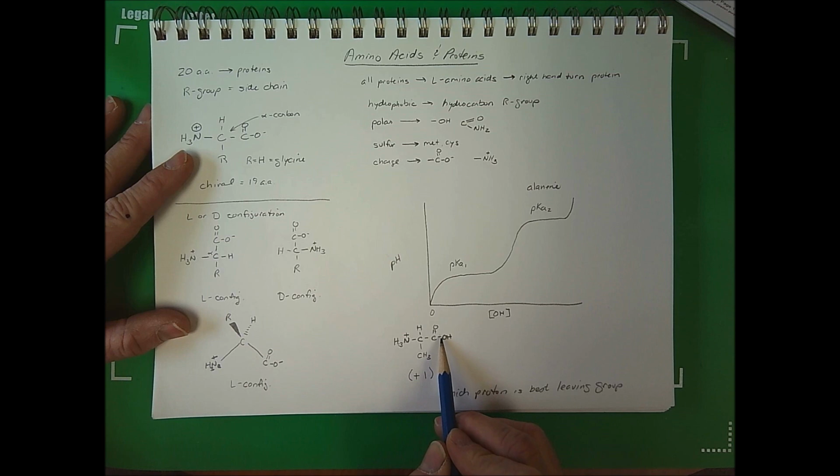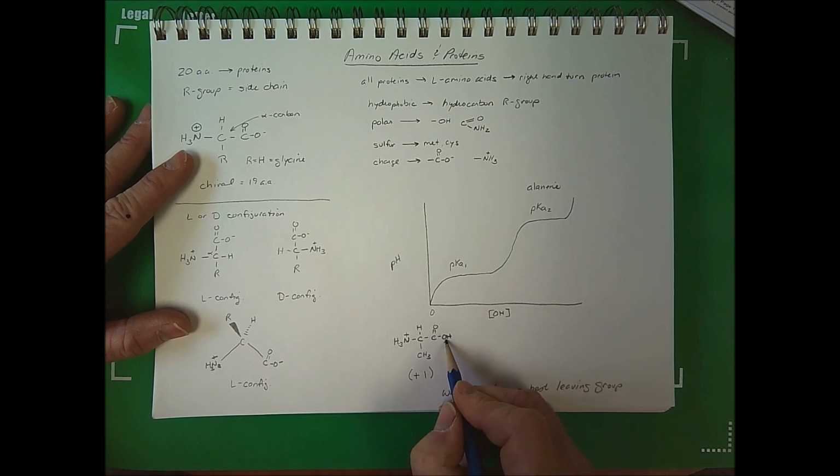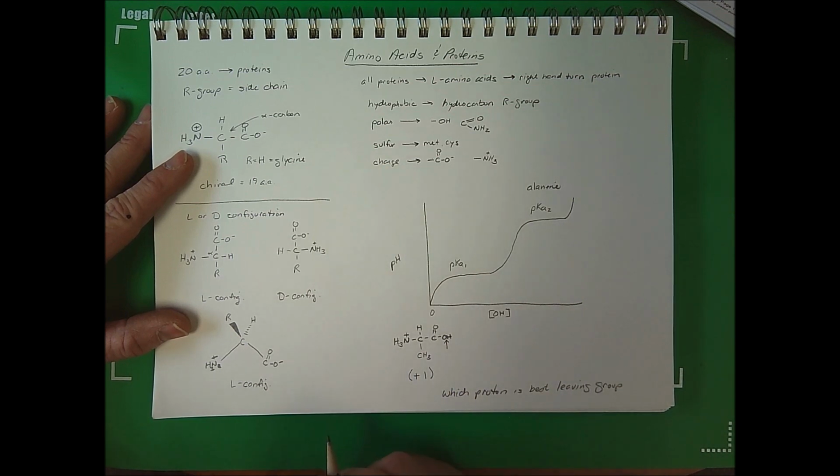These two sharing electrons is going to be electron withdrawing from the oxygen-hydrogen bond. That means this bond between this oxygen and hydrogen will be very weak. If it's very weak, it will not take very much hydroxide ion to extract this hydrogen to form water and leave this particular ionizable group in its negatively charged form.